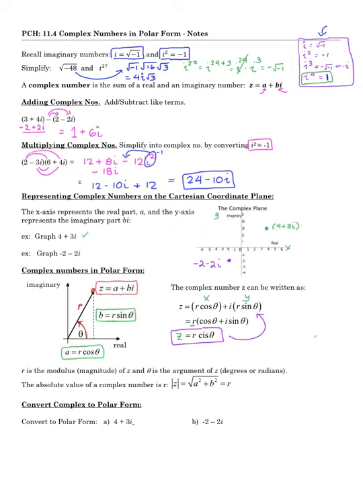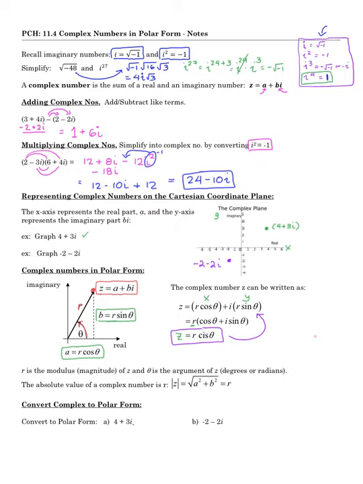It's crazy. r is the modulus, which is a fancy name for magnitude or hypotenuse or radius of z. And theta is the argument of z. Well, the argument is always the function you have to figure out in a function. So the sign of x is the argument. In this case, we're using theta because we're talking degrees.